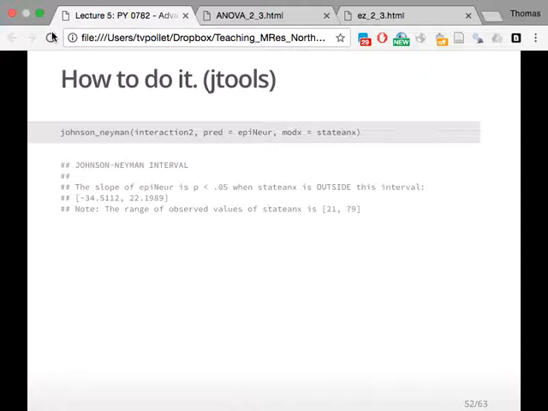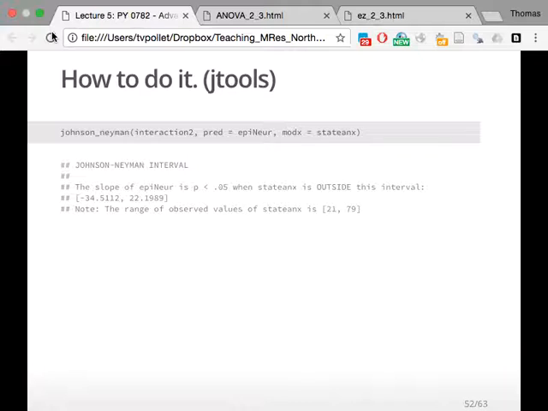Then it also prints you the range. So nearly over the entire range which you found it's significant, except at a very, very low range, because there's still some overlap between 21.79 and 22.19, but in all other cases the slope is significant.